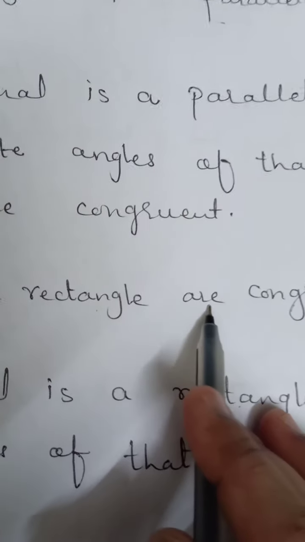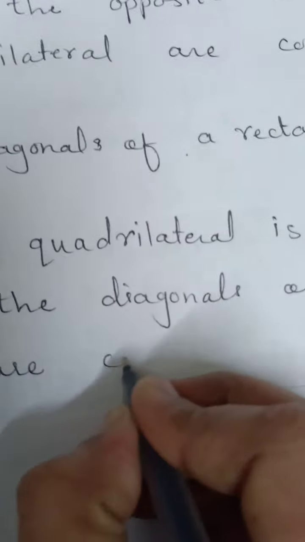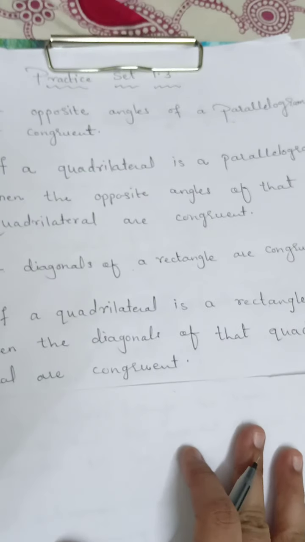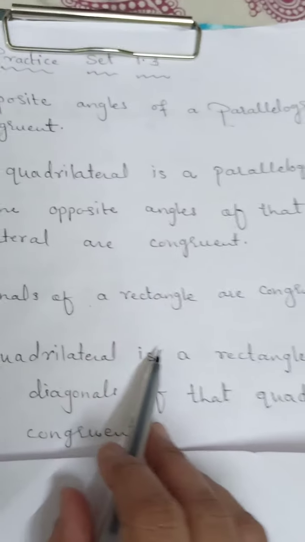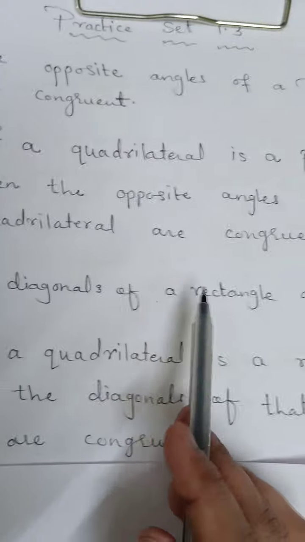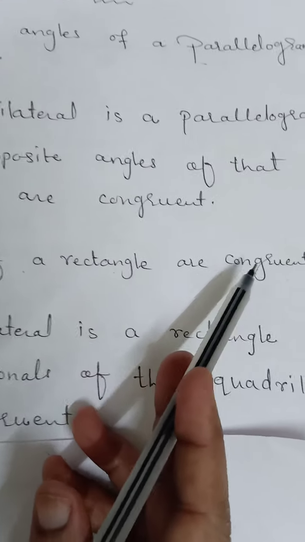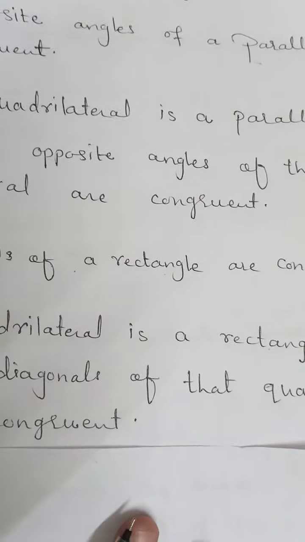So here our sub question number 2 is also completed: if a quadrilateral is a rectangle, then the diagonals of that quadrilateral are congruent. So in this way we have completed our second sub question of question number 1. Now we'll see question number 3.